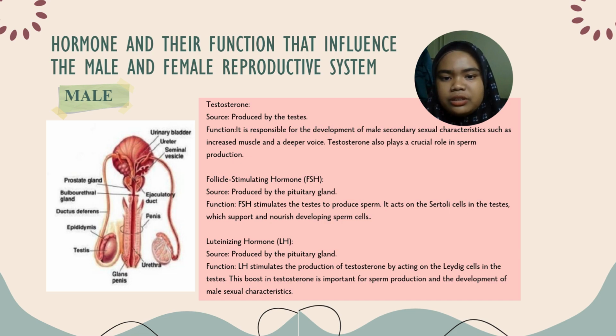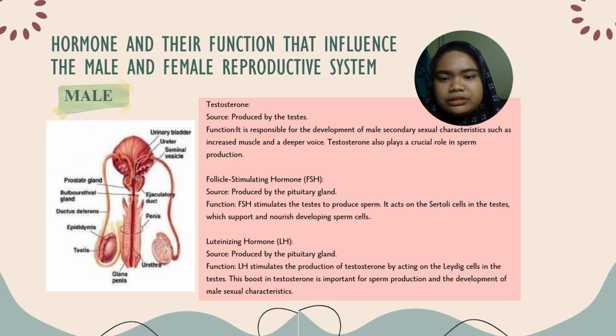Next, follicle stimulating hormone or FSH produced by the pituitary gland. FSH stimulate the testes to produce sperm. It acts on the Sertoli cell in the testes, which support and nourish developing sperm cell.